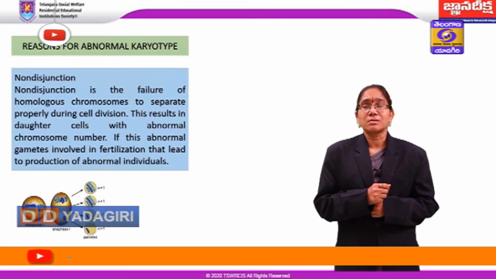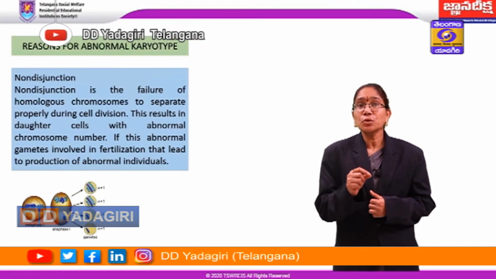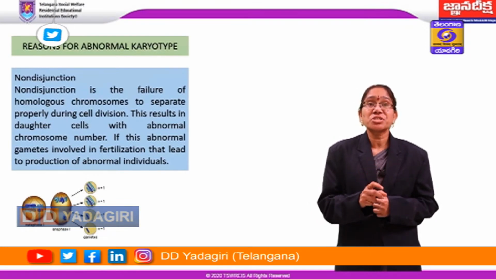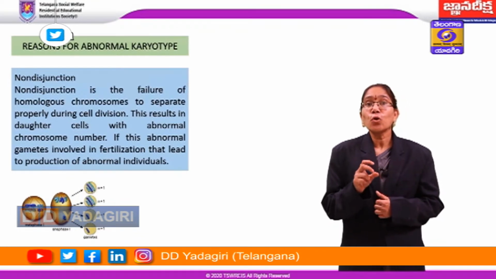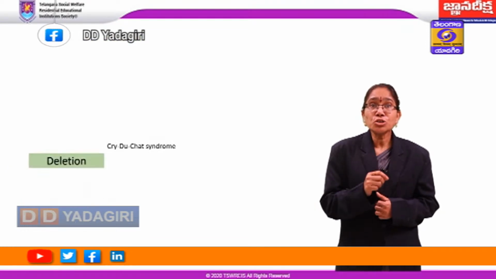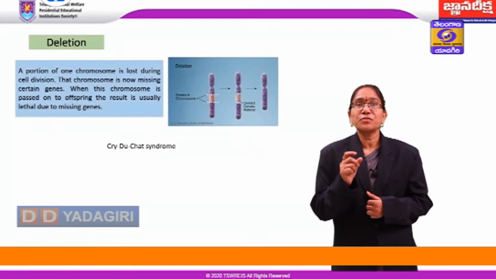Structural changes: if we observe any change in the structure of the chromosomes, those are considered structural changes of the chromosome. They are 4 types. Deletion: a portion of one chromosome is lost during cell division.